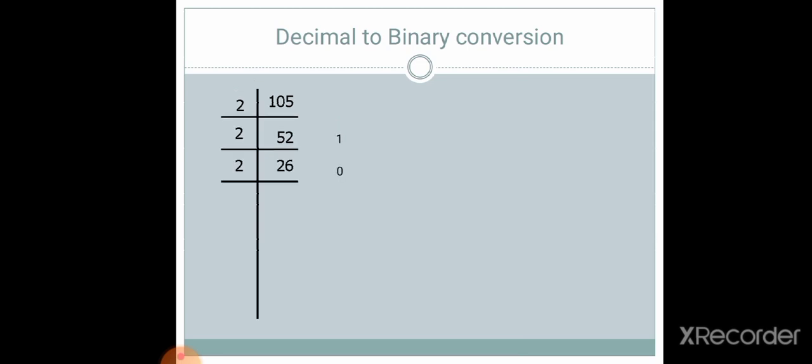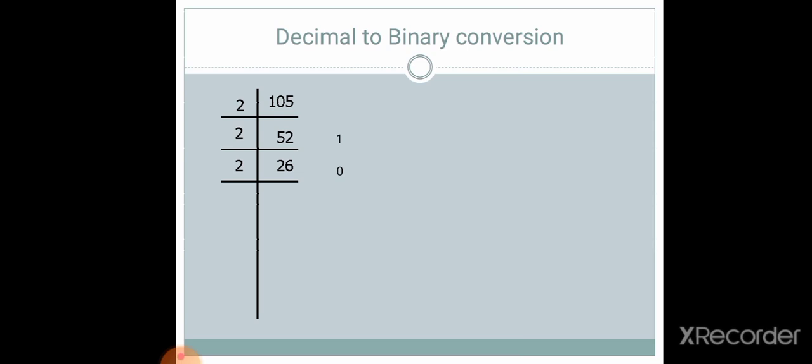Then again we have to divide 52 by 2. So 2 2s are 4 and 2 6s are 12. So the remainder is 0.